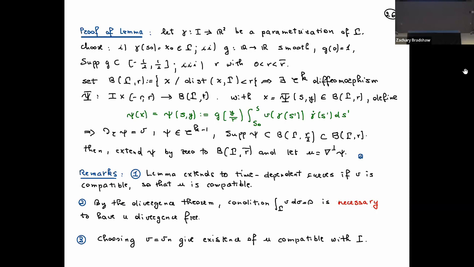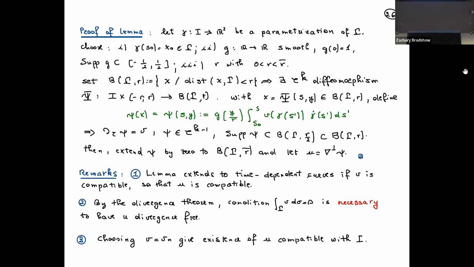So this diffeomorphism psi simply gives you a way to parameterize B. Given any point which corresponds to parameter S and gamma using this diffeomorphism, where S again still represents the parameter along the curve, I then define the stream function as follows. I take the integral along the curve of V, and then I multiply by G.